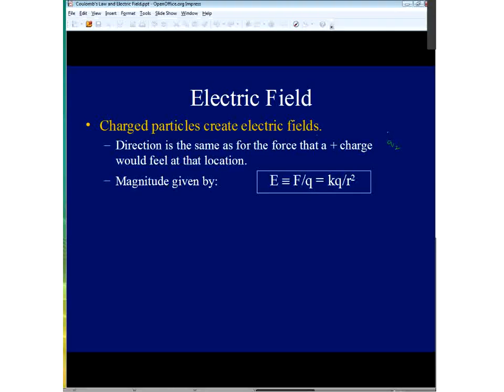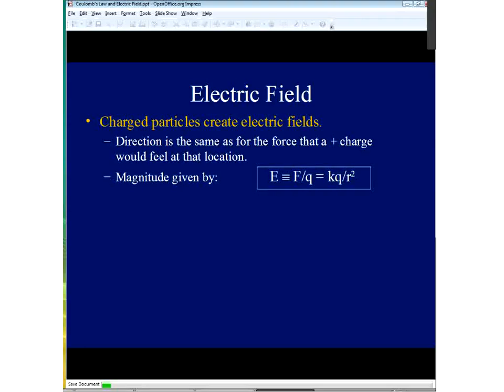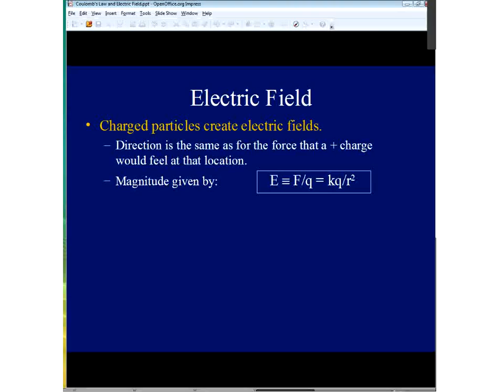Let's make it Q now. So it would be K Q by R square. That's the standard result, very useful and very easy to remember because it has come directly from Coulomb's law. And since Coulomb's law is fine with spherical symmetries, this result, K Q by R square, would be valid if the charge is a point charge or has spherical symmetry.